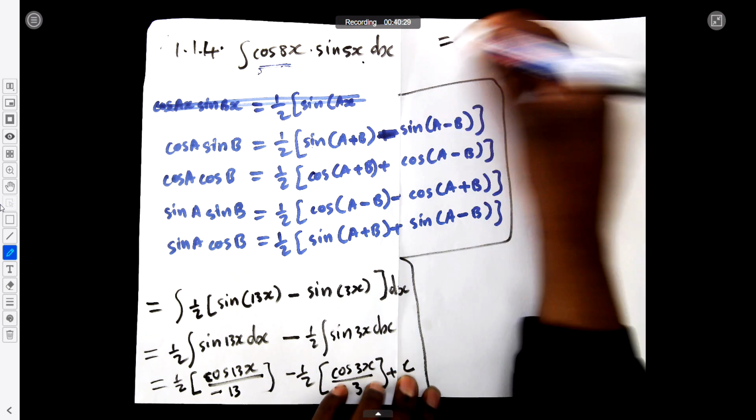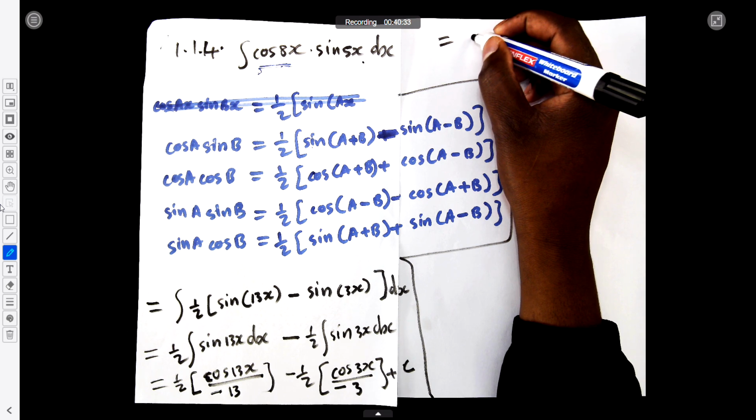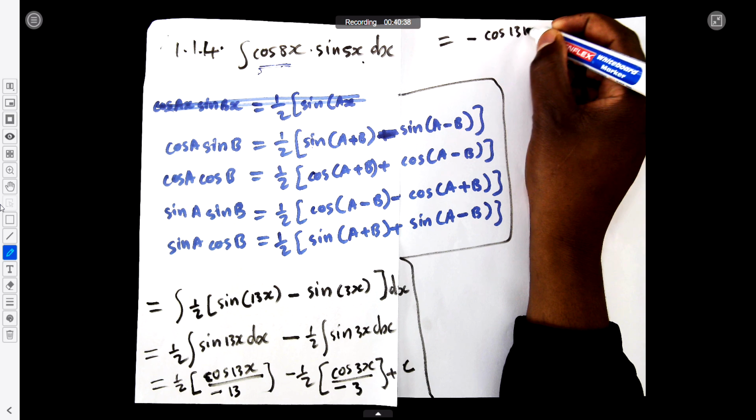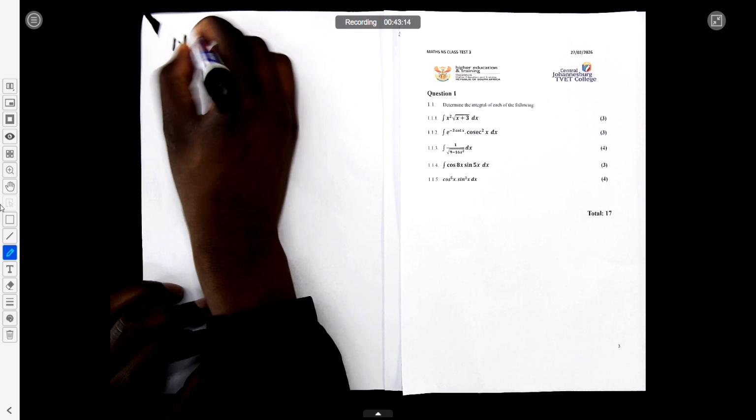In simplification, we will have a negative cos 13x, negative half times 1 over 13. So half times negative 1 over 13, 1 over 13 times 1 over 2, it's negative 26.